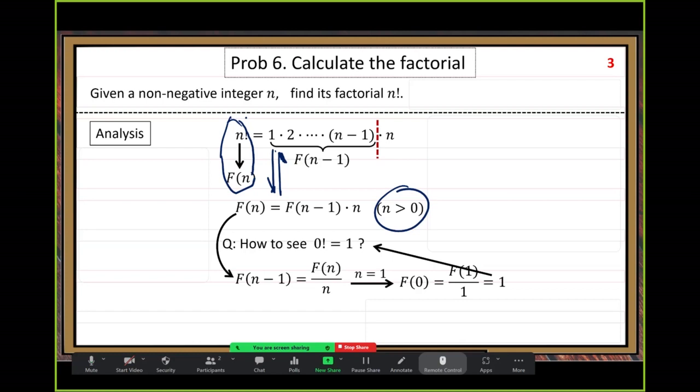Our next question will be a very hard one. Definitely today we cannot solve it, but let me give you the question today. Next time we do the solution.